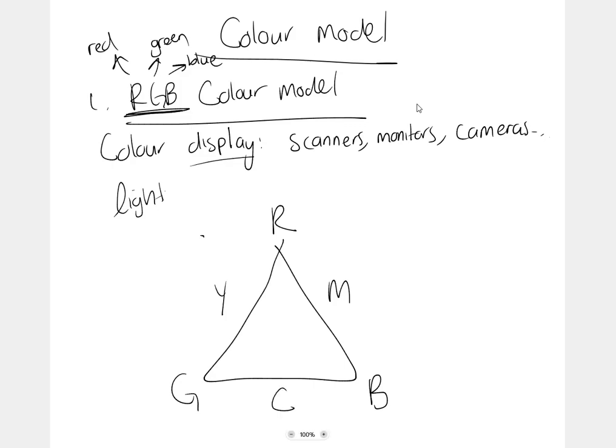If you've never seen magenta and cyan before, it might be a good idea to Google it. This is called magenta. This is yellow. This is cyan. This is red, blue, and green.